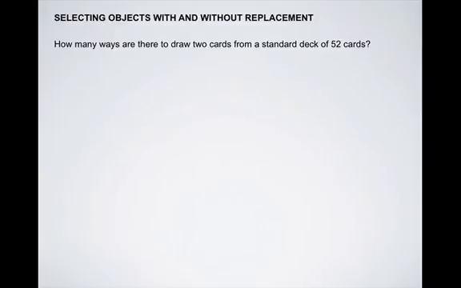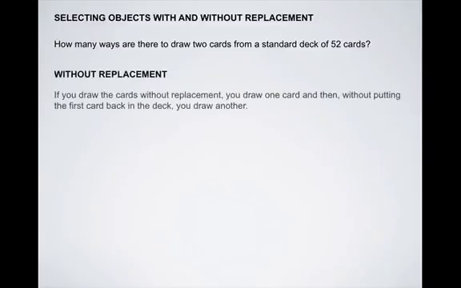Now, we could also take a look at selecting objects with and without replacement. How many ways are there to draw 2 cards from a standard deck of 52 cards? Well, without replacement, you can draw 1 card and then another without putting the first card back into the deck.